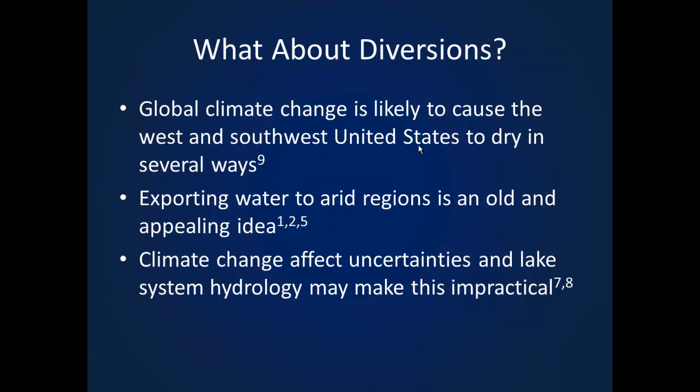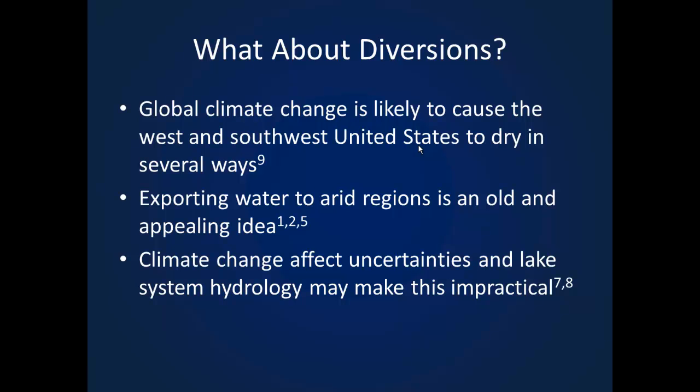So, what about diversions? Global climate change, as I said before, will probably dry out significant portions of the west and southwestern United States. And there's been ideas around for a very long time about exporting water from the Great Lakes, because we have so much of it, to these more arid regions. And these are somewhat appealing.